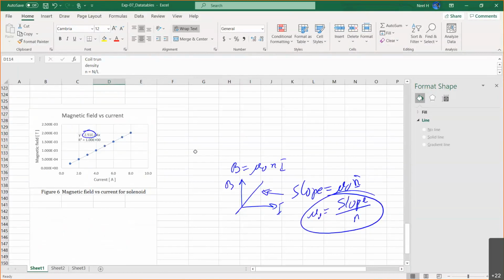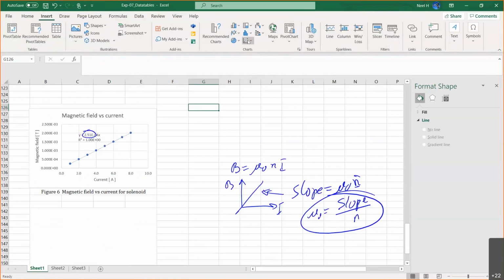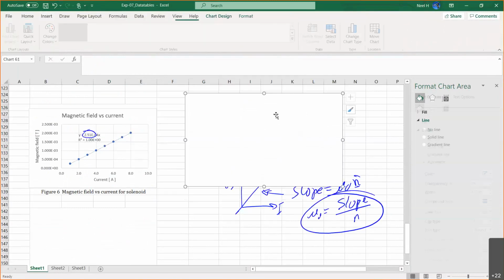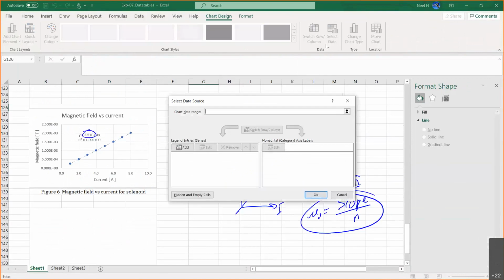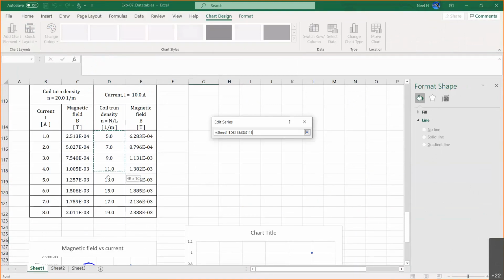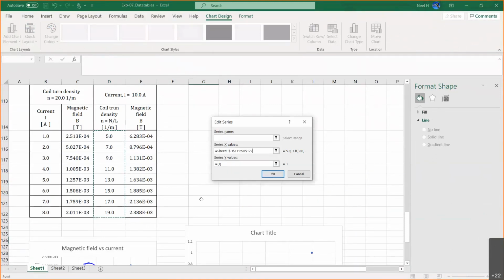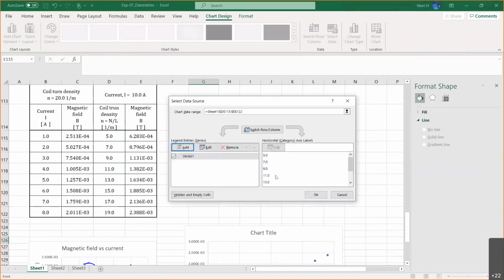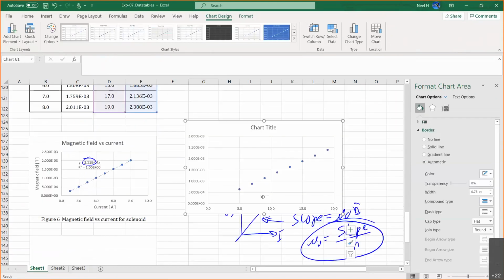Let's make another graph: insert, chart, scatter plot, and then add data. X values, in this case, number density, right? That's the loop density, how many loops per length. And the Y values again, magnetic field, okay? The field consistently increases if I have a more and more dense coil. Click OK, click OK again.